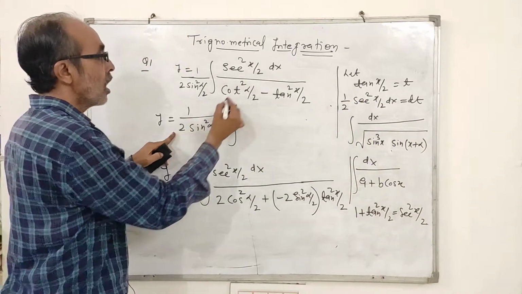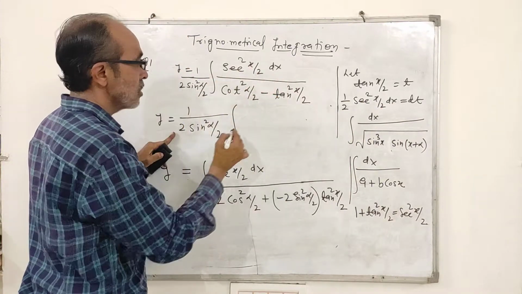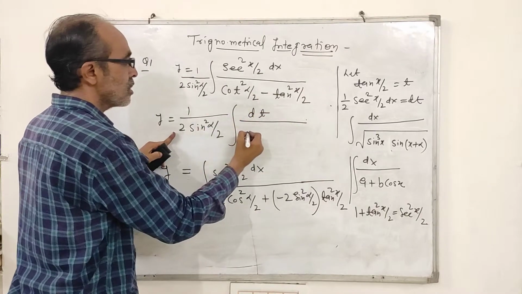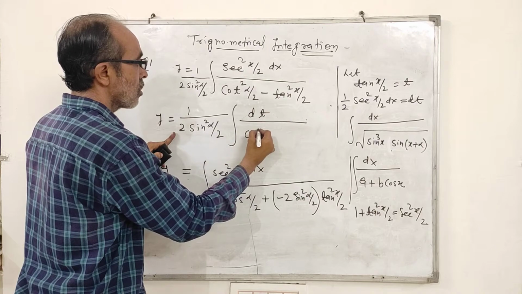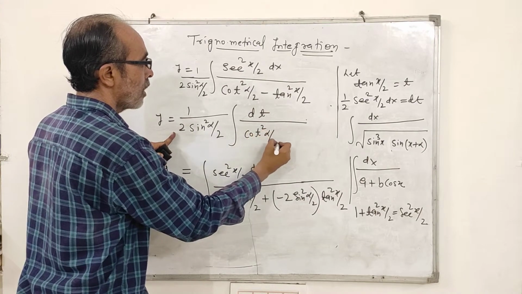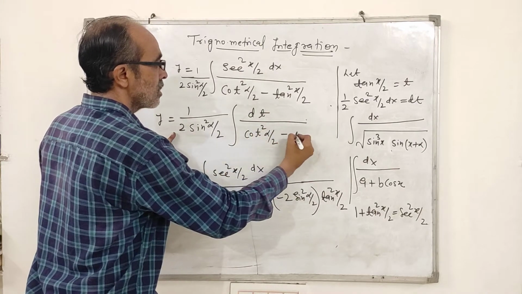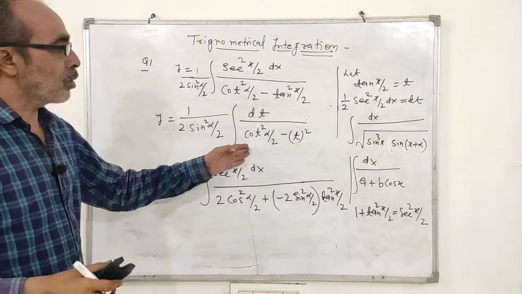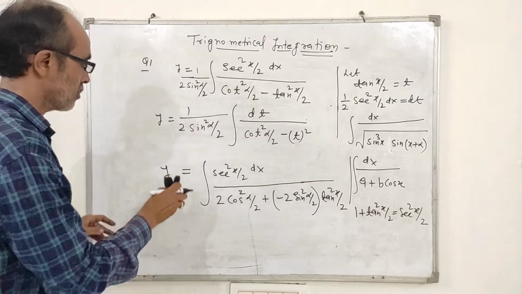So these sec square x by 2 and dx change into dt, divided by cot square alpha by 2 minus t square. So use the fundamental formula of this integral.